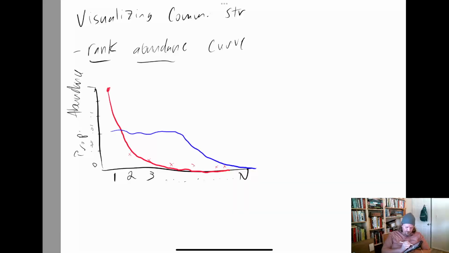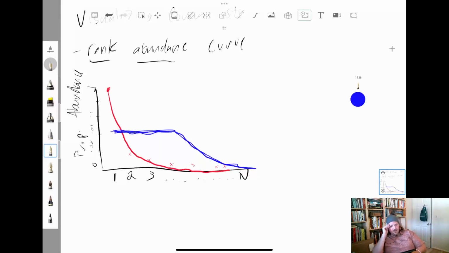Let's make that line flat. I'm not the best at drawing flat lines. So take a second, pause the video, and try to describe in words how those communities differ from each other. How does the community drawn in red on the rank abundance curve differ from the community drawn in blue? So give that a pause. Take a second to look.